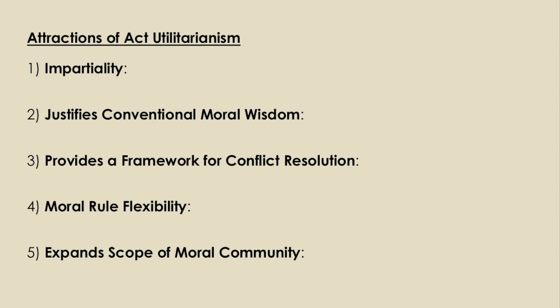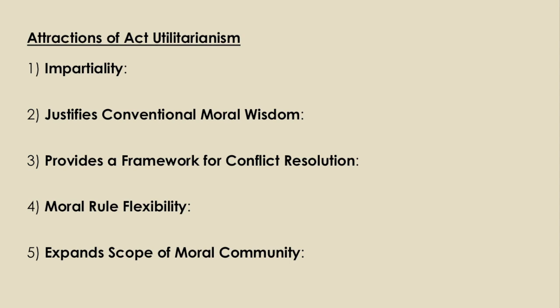And five, it expands the scope of the moral community. If act utilitarianism is right, then some individual is a member of the moral community insofar as they have the capacity for suffering, in other words, experiencing pain, or the capacity for experiencing pleasure. Now, if you think about it, what other kinds of things in the universe besides human beings can experience pain and pleasure?